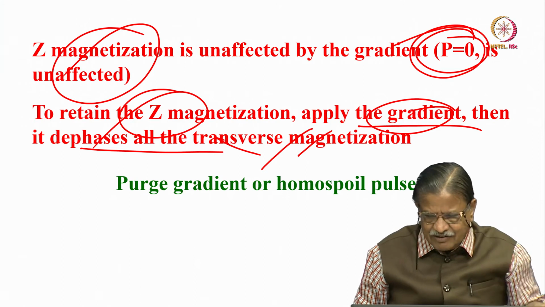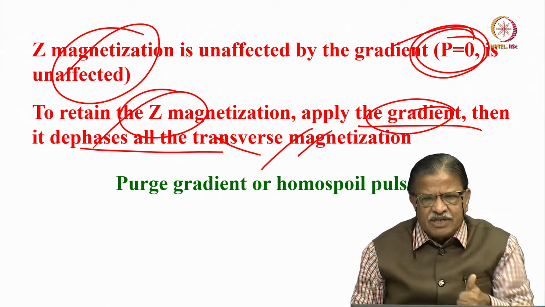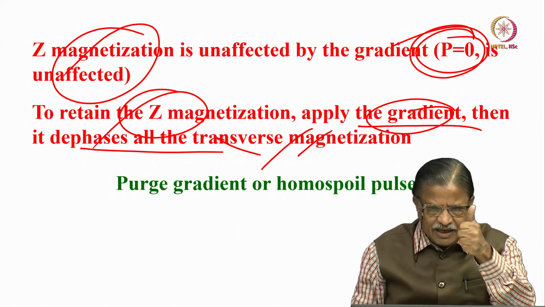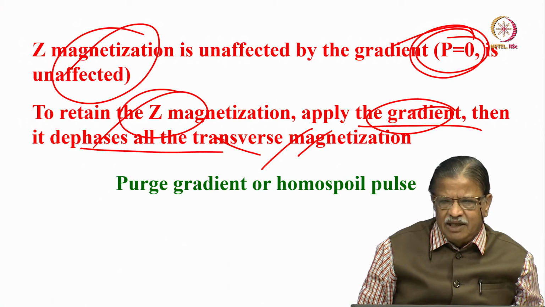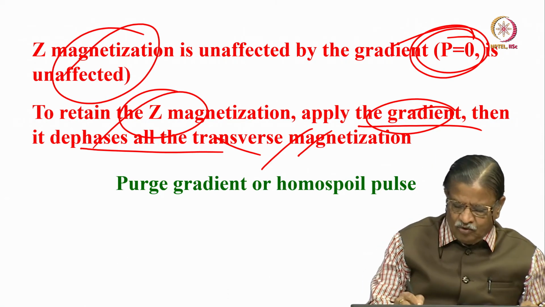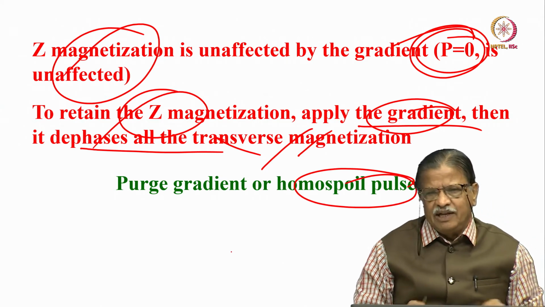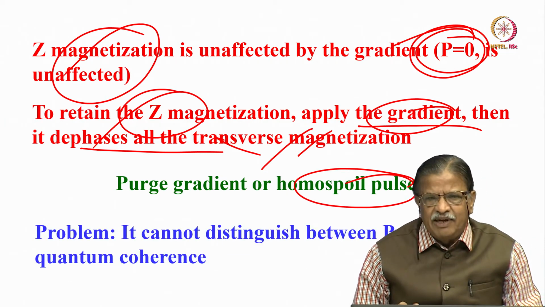Let us say there is a transverse magnetization created, but you have also brought back magnetization to the Z axis. You want to retain that. At the same time, you have to nullify the transverse component. You can use this type of purge gradient. This is called homospoil pulse, homospoil gradient or purge gradient. This is also often used in many experiments.